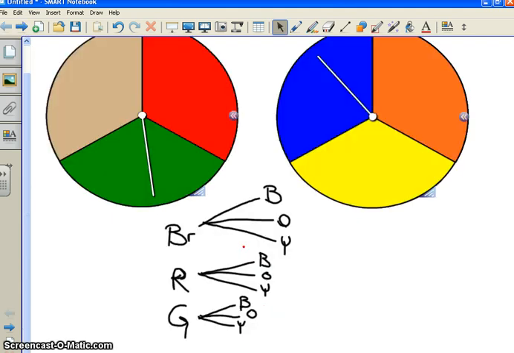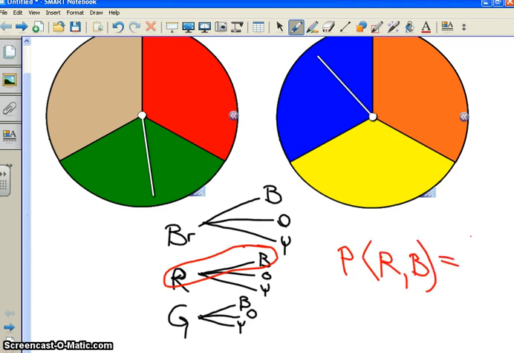The other great thing about the counting principle is that it also helps us calculate probabilities. You found the chance of making purple, of spinning red and blue on the 2 spinners, happened this 1 time out of 9. Probability of red, blue was 1/9. But I can figure that out even without the tree.